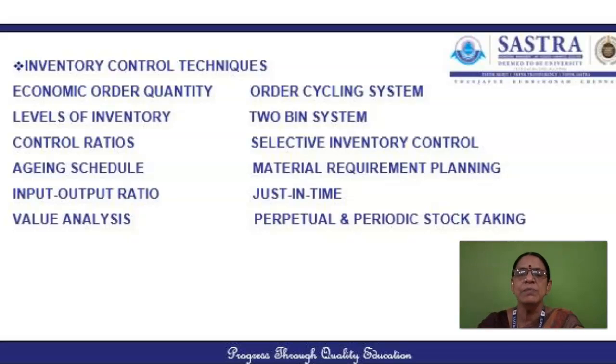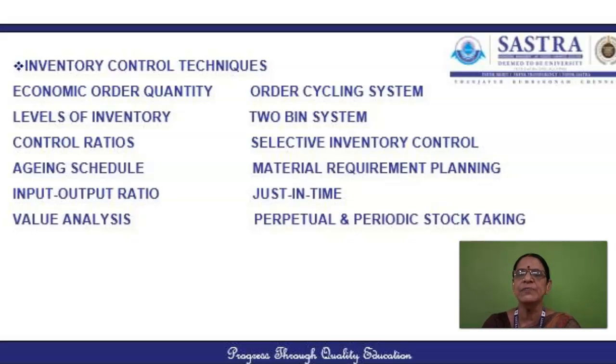Next comes the minimum stock level. This represents the quantity below which the stock should not be allowed to fall. This is also known as safety stock or reserve stock or buffer stock. The main purpose of this level is to ensure that the production is not held up due to shortage of any material.